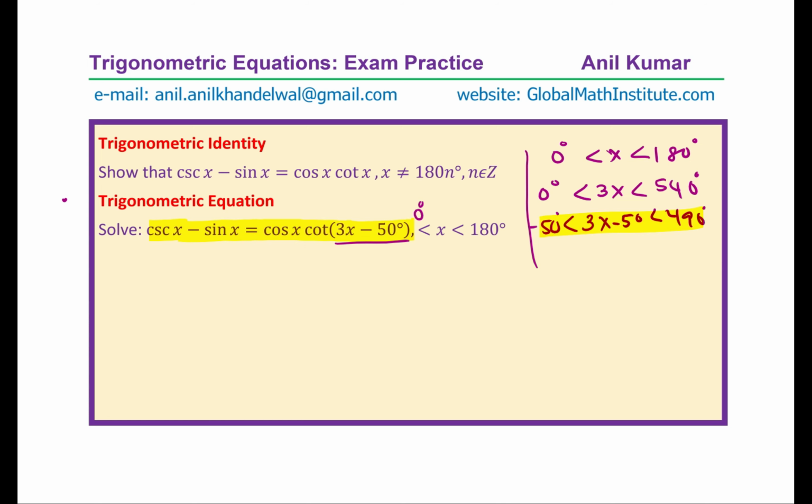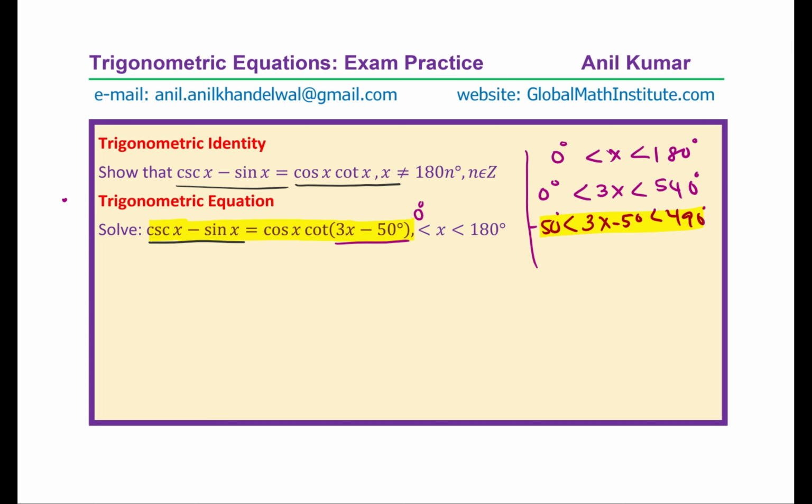Now, let's begin by writing what the left hand side is. We already have shown that cosecant x minus sine x is indeed equal to cos x times cotangent x, right?